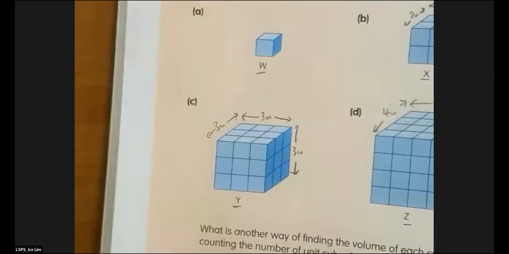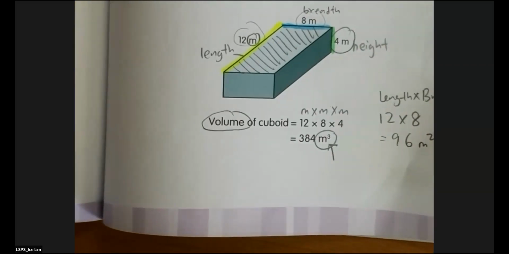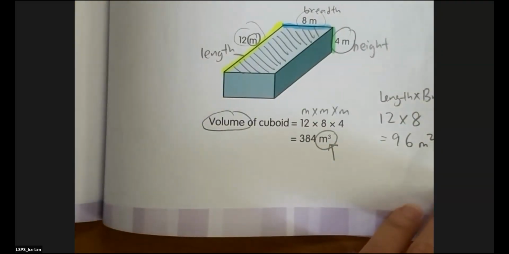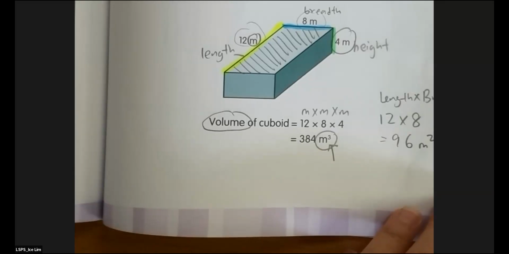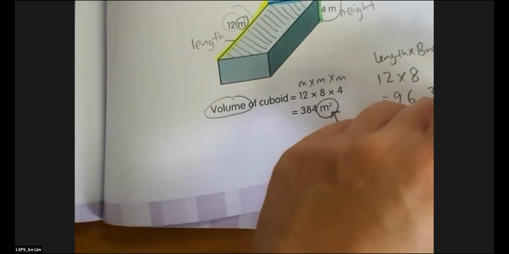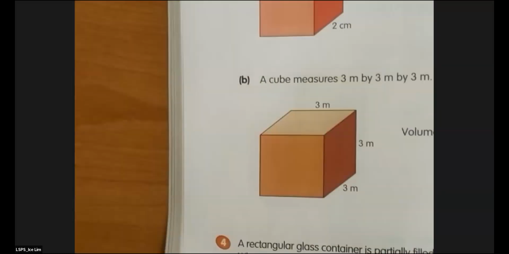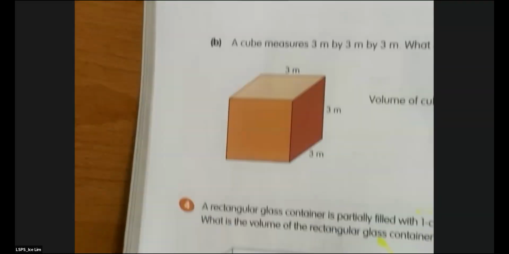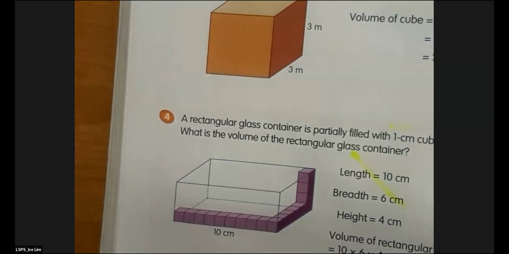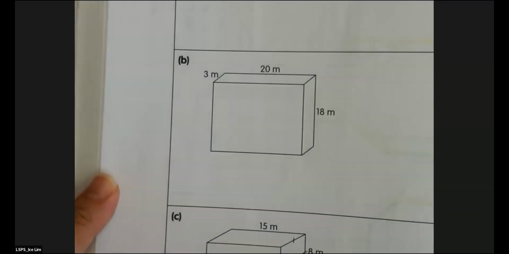So I colored this page for you already. Why are you standing? Do you understand? I want to see you marking up length, breadth, height. Can you understand?